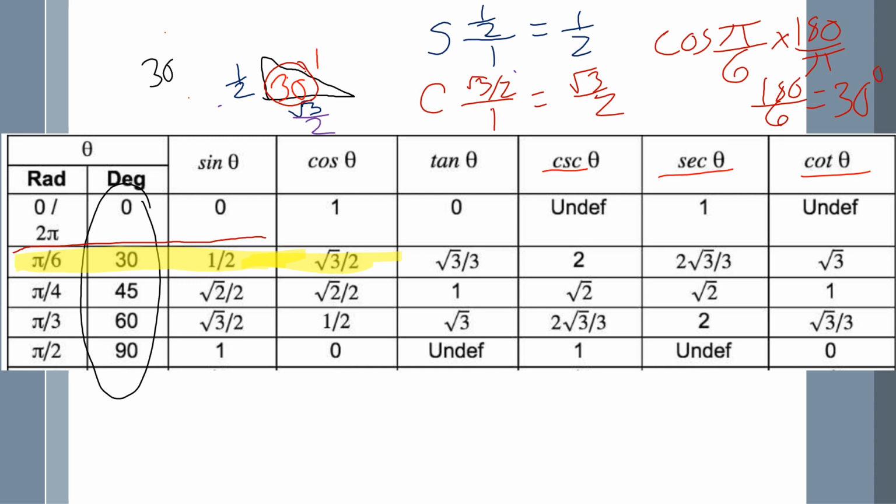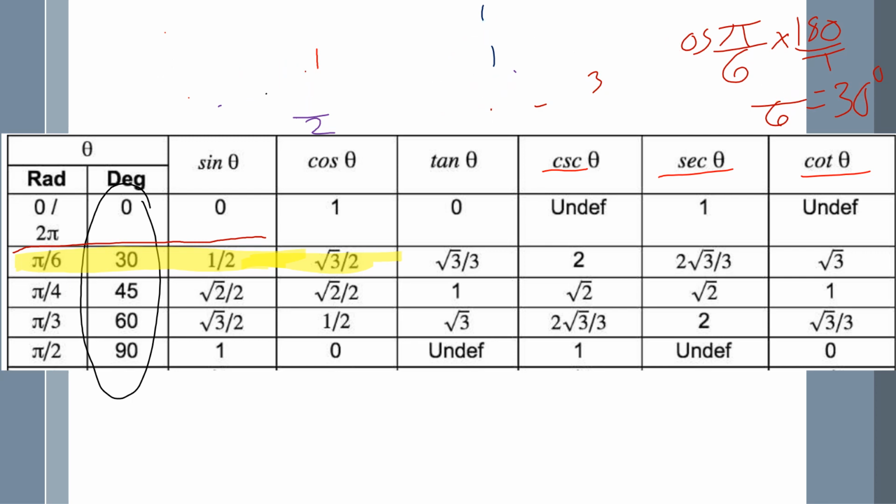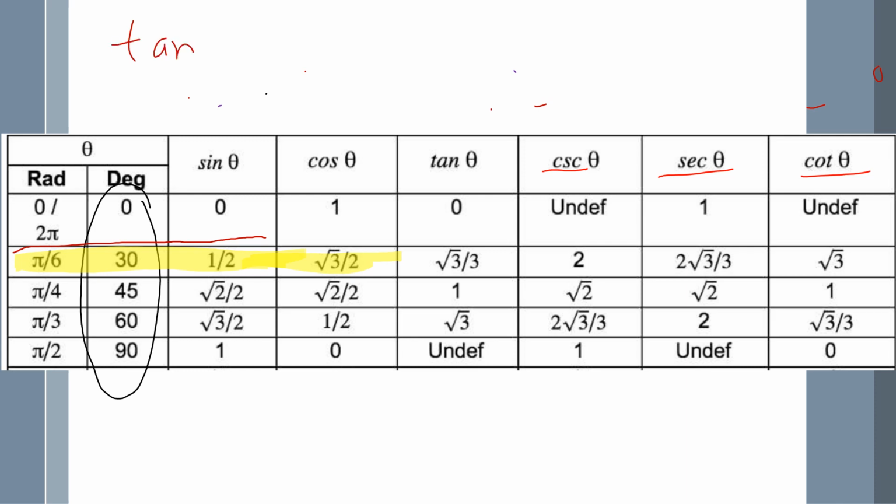So let's find tangent of 30. Again, pi over 6 is 30 degrees. Now let's do tangent. Before we do that, we know that tangent is sine over cosine.